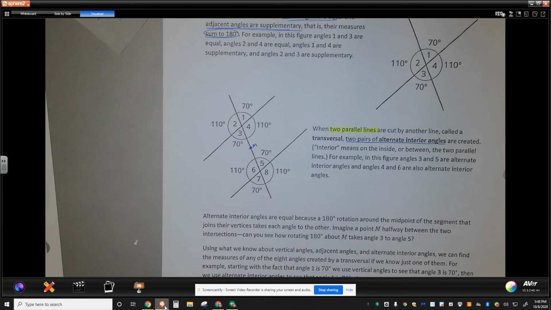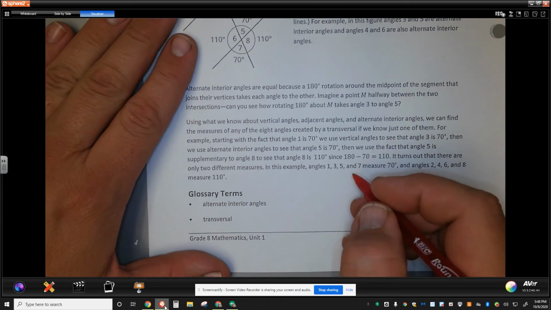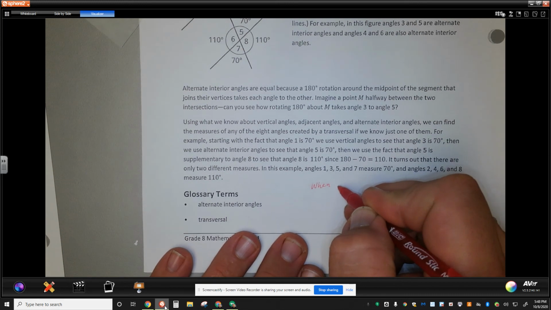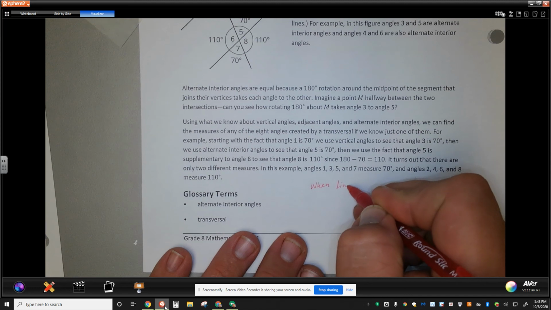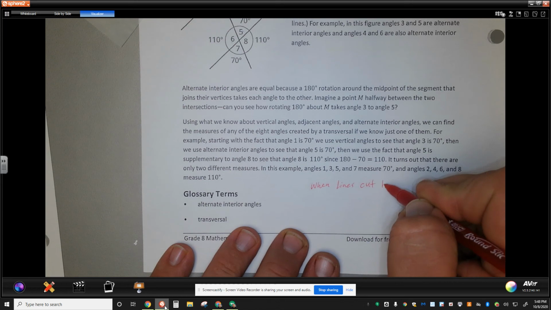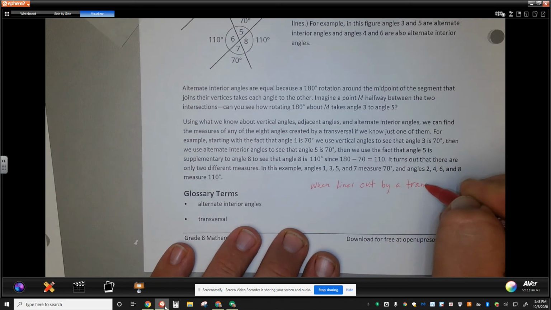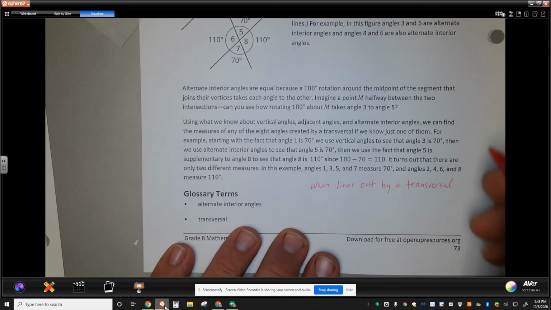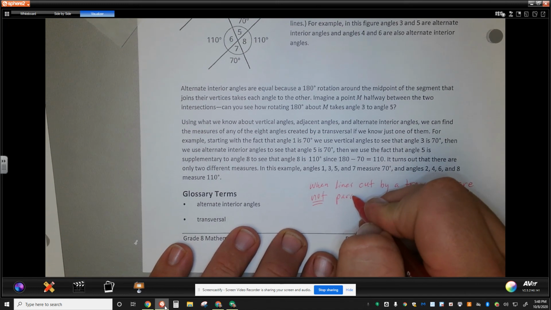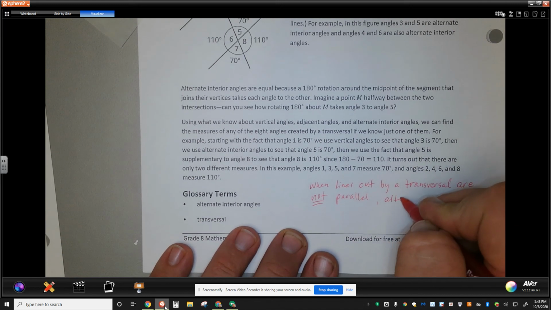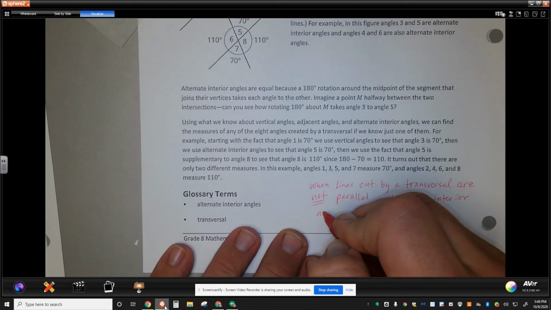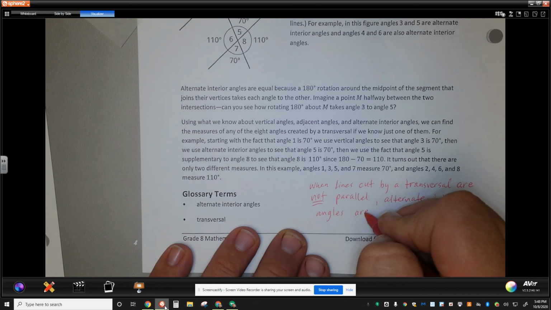There's one thing to always remember though, and that's here at the bottom. When lines cut by a transversal are not parallel, alternate interior angles are not congruent.